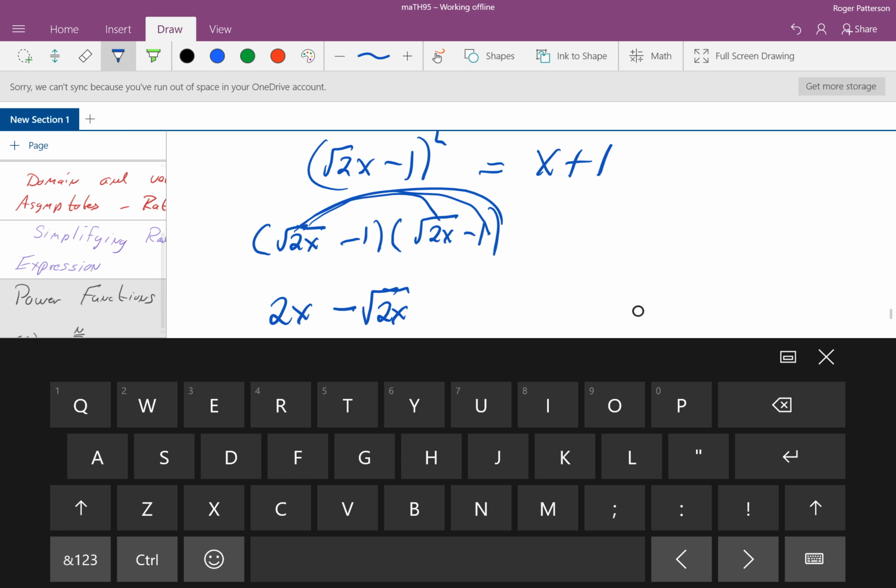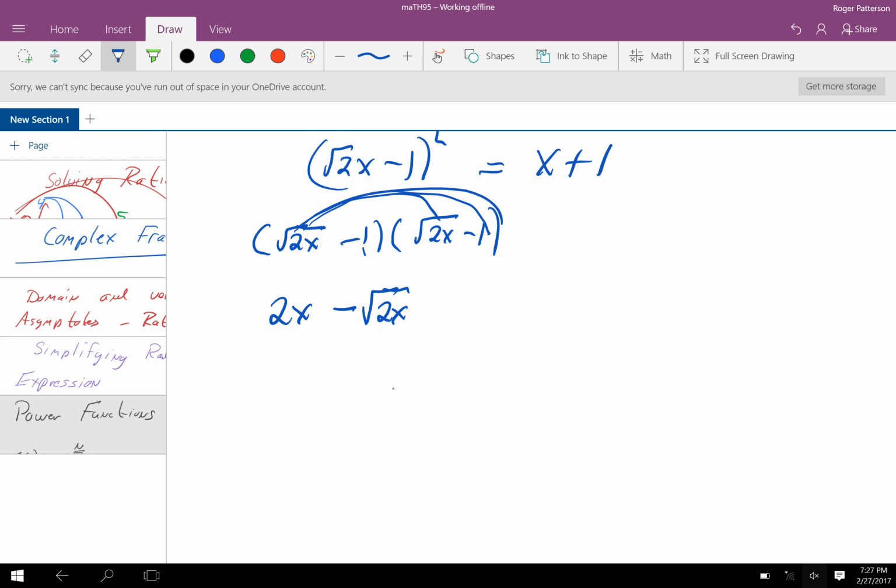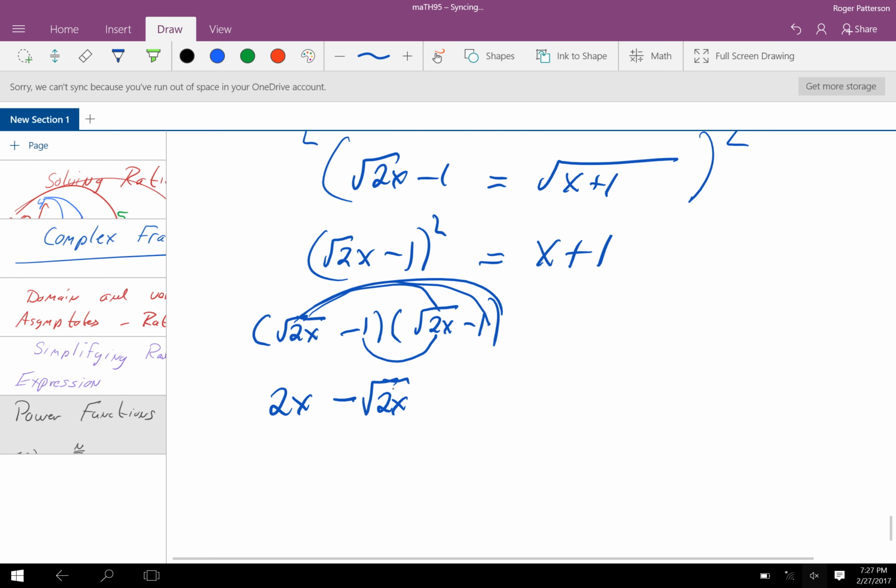Okay. Now we'll take this one and this one. What does that give me? Yeah, square root of 2x again. And then finally, what do I get when I multiply those two things? Okay. So let's pause.